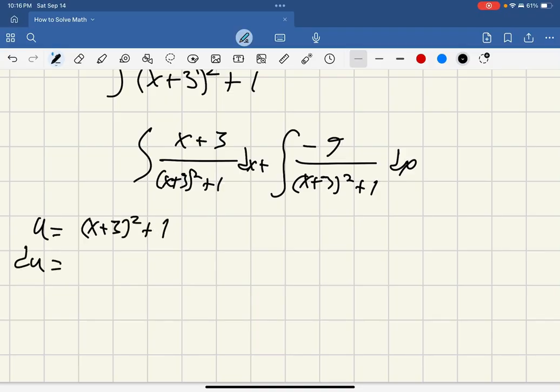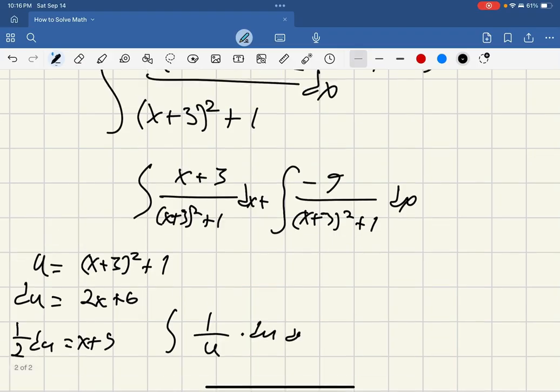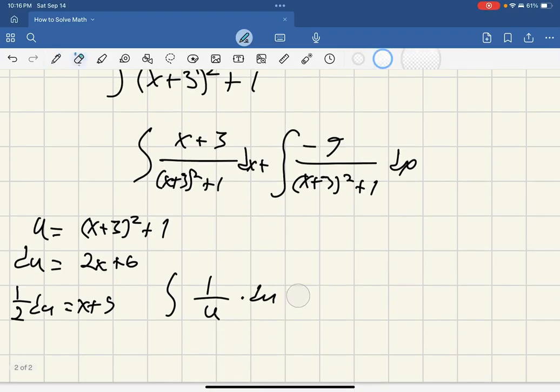Our du is going to be 2x plus 6. 1/2 du is going to be x plus 3 dx, making this 1 over u times du. I usually don't write this part, but du has dx in there too.